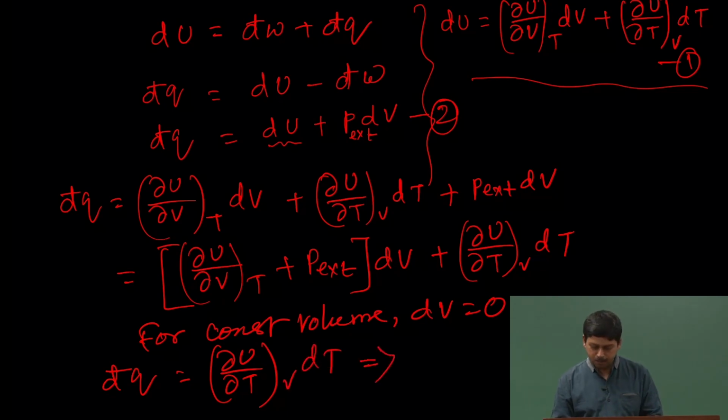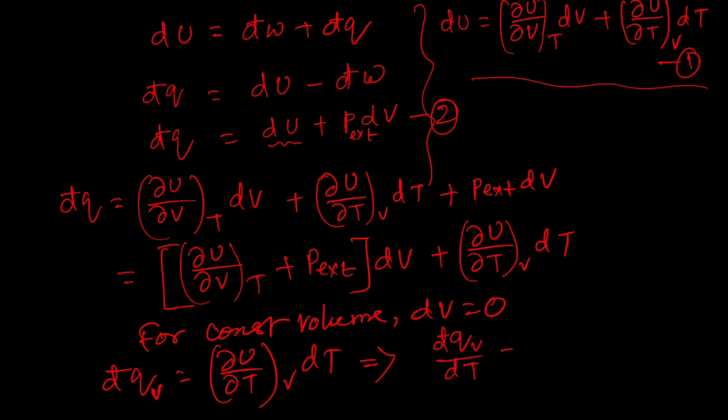We write V here just to denote that it is the heat change at constant volume. So dQ_V by dT is equal to del U by del T at constant V. Now, what is this dQ by dT term?